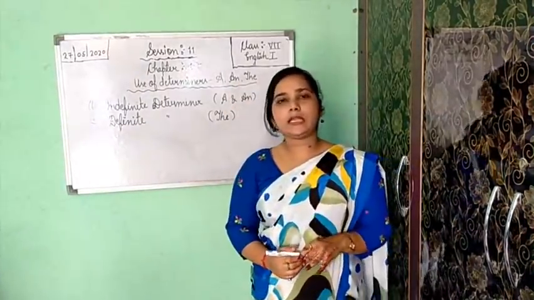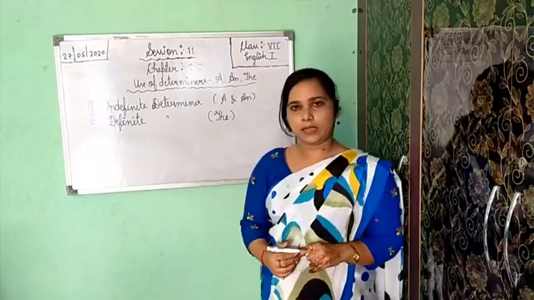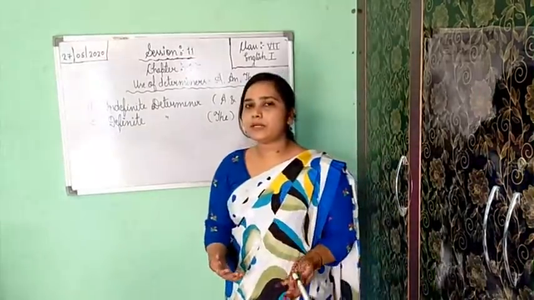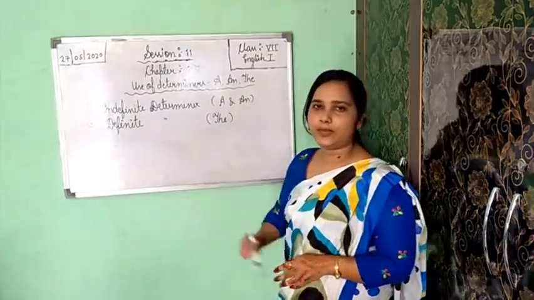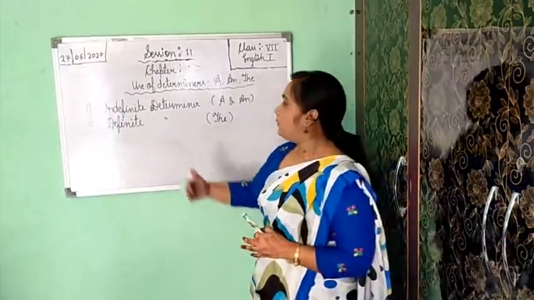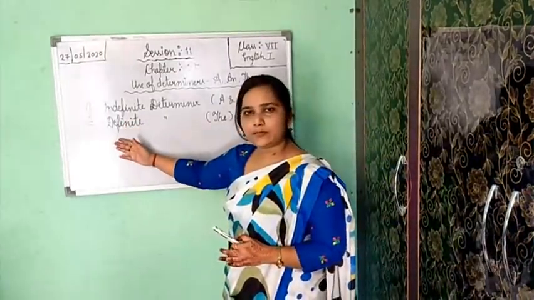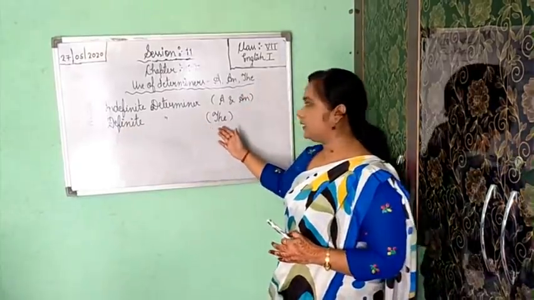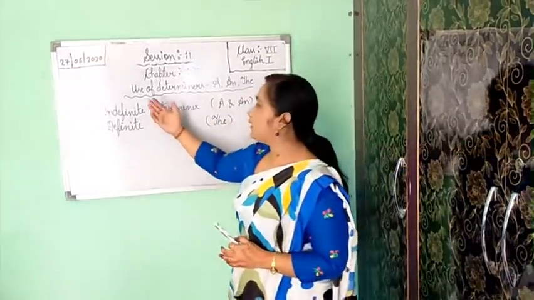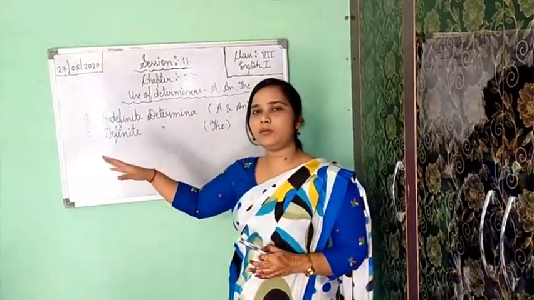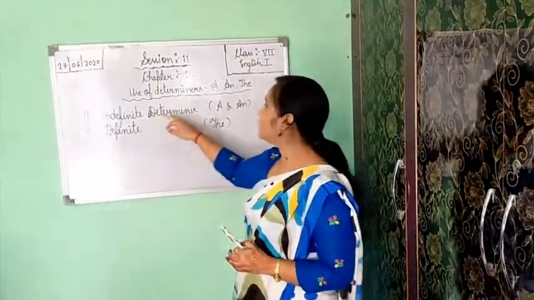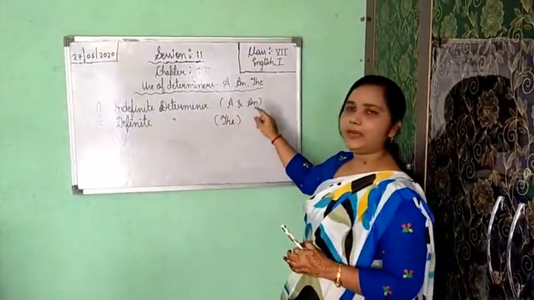If you are getting a noun in a particular or specific way, you will use the definite determiner, that is the. For not denoting the particular one, only the general way, we will use the indefinite determiner, that is a and an.